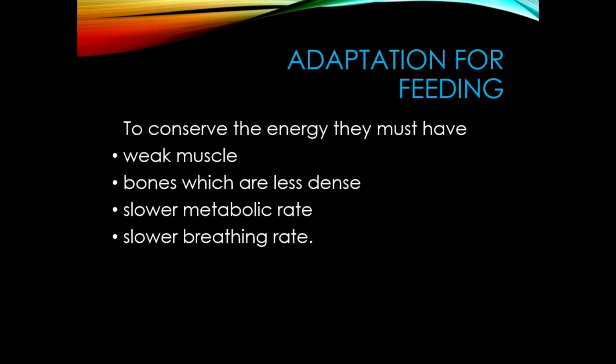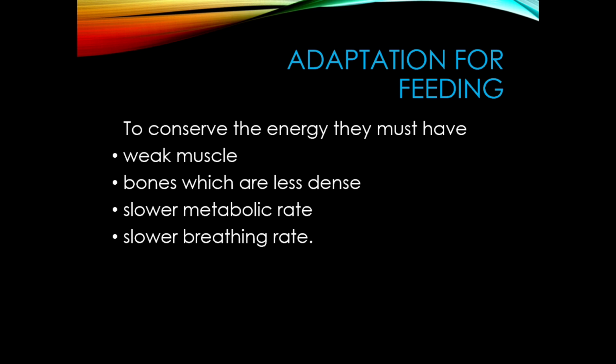How do these deep sea organisms adapt themselves for feeding? To conserve their energy, they must have weak muscles, bones which are less dense, a slower metabolic rate and also a slower breathing rate.